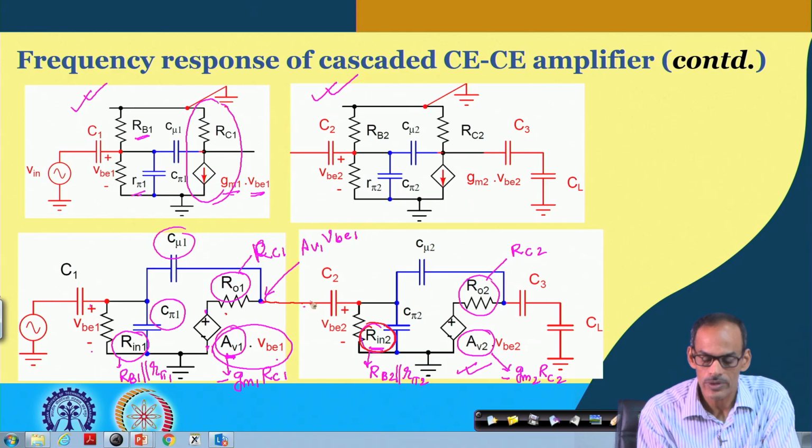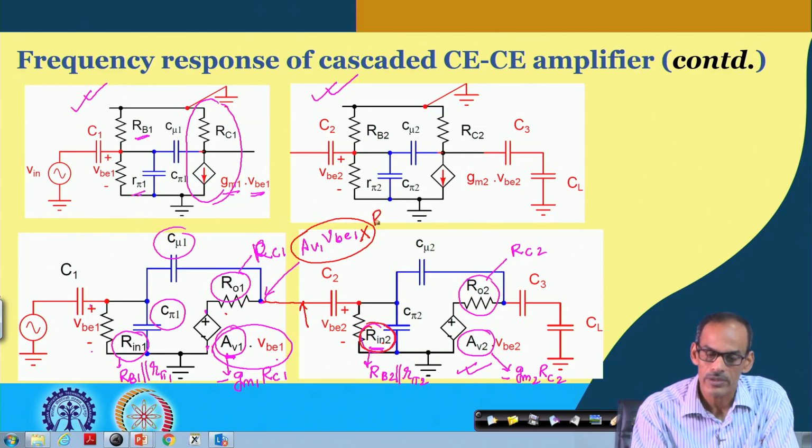As a result, the voltage we now get here will be different from this one, and the difference comes due to the loading effect. In other words, it introduces an attenuation factor defined by Rin2 and this output resistance here. So, Rin2 divided by RO1 plus Rin2.